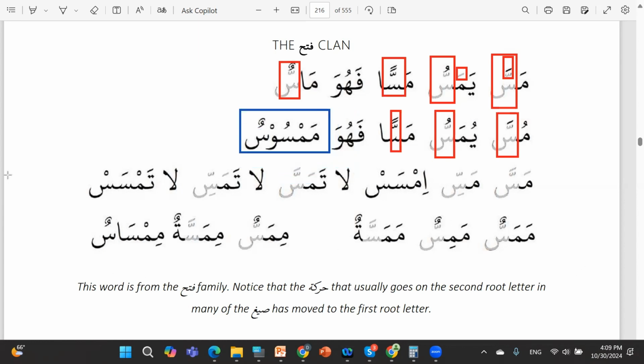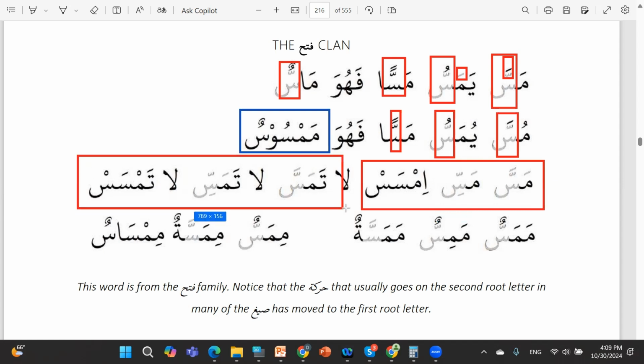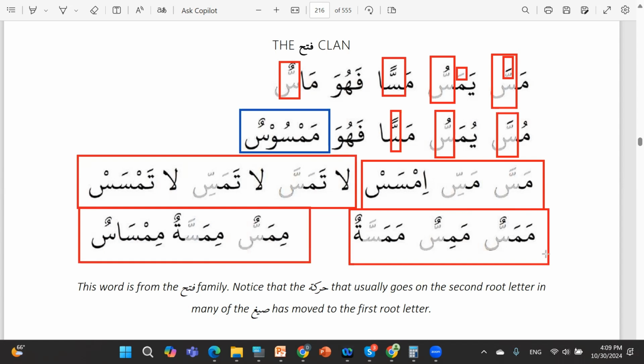And then the three versions of commanding from anta form, three versions of forbidding from anta form, then three patterns of ism zarf and ism ala. Maf'alun, maf'ilun, maf'alatun, mamassun, mamissun, mamassatun. Mif'alun, mif'alun, mif'alatun.